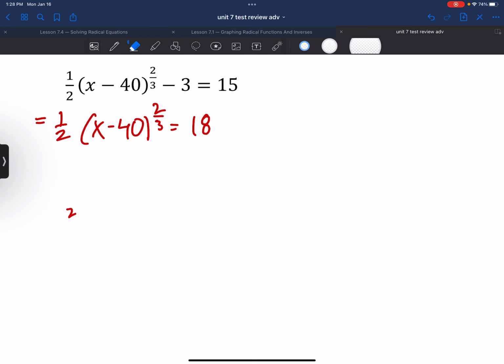Okay, so this is like plus or minus 36 to the 3/2. Now we can interpret 36 to the 3/2 as plus or minus square root of 36 to the power of 3. So square root of 36 is 6, so that's plus or minus 6 cubed, and 6 cubed is 216. So this is plus or minus 216.